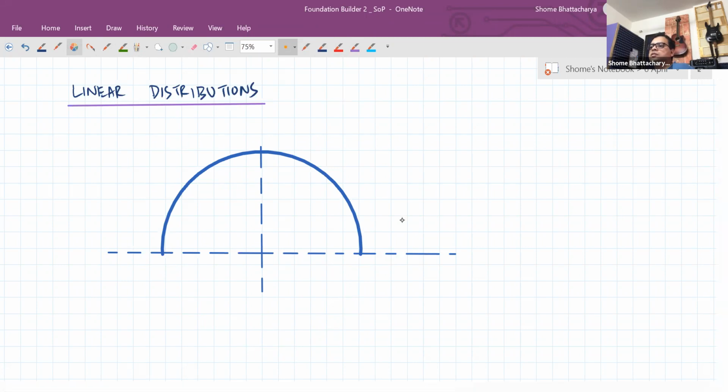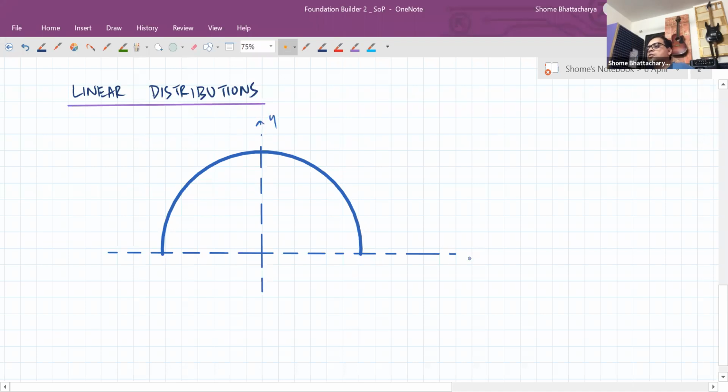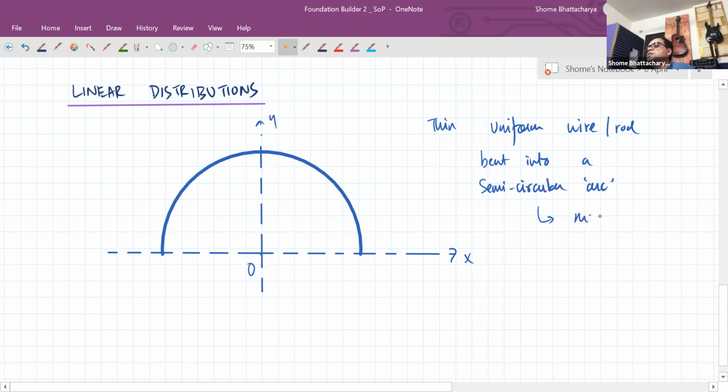So what we have over here, as you can see, is a thin uniform wire or rod bent into a semicircular arc, which has mass m, total mass, and radius of curvature capital R. So that's this R over here.